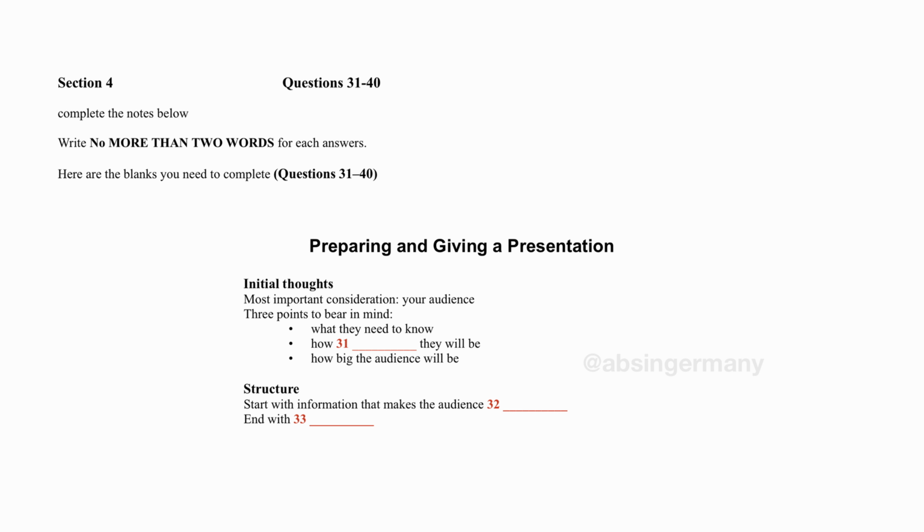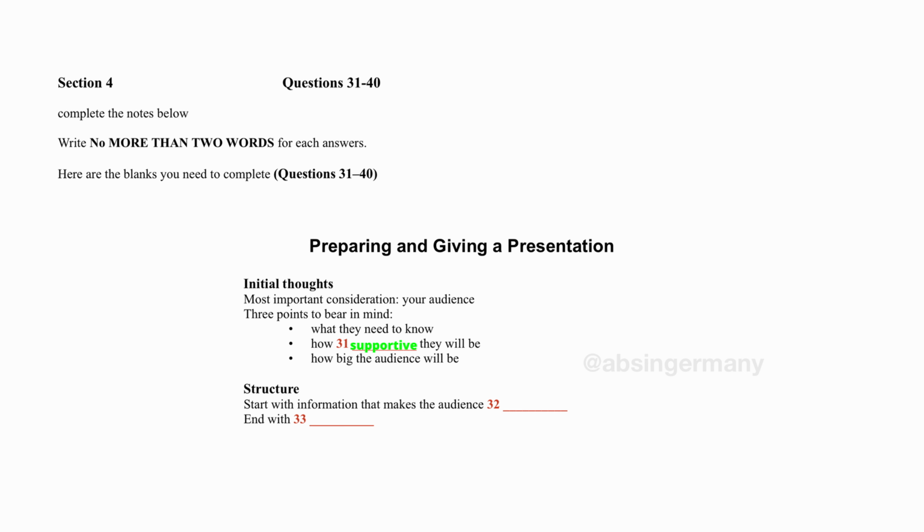So, first of all, the most important thing to consider is your audience, and in this instance, your audience are the other students in your group. There are 3 points to bear in mind. Firstly, you need to ask yourself what they need to know. Secondly, it's useful to consider whether they'll be supportive or not.